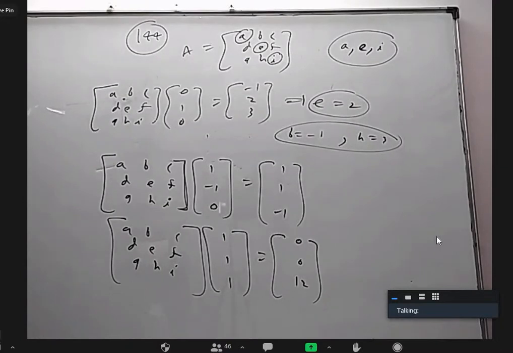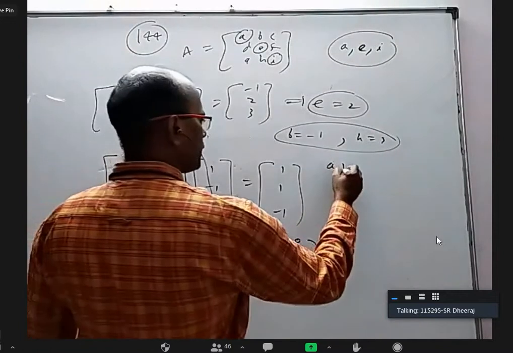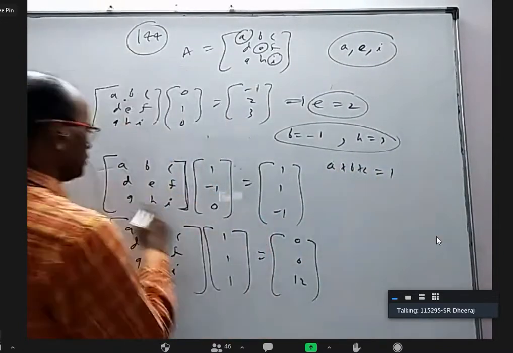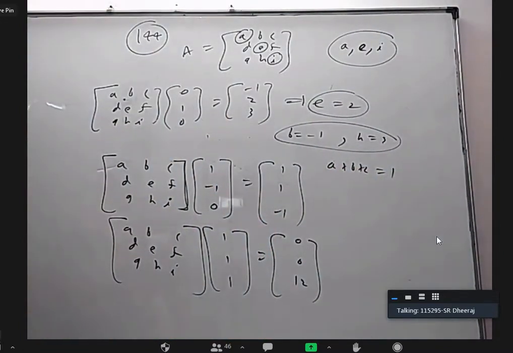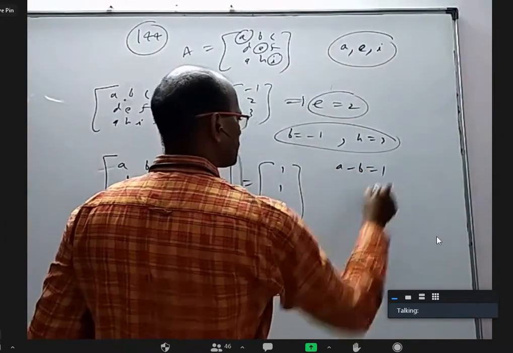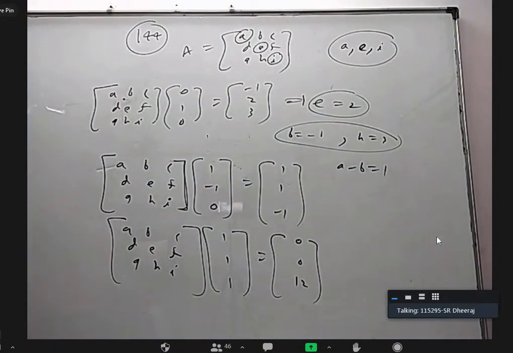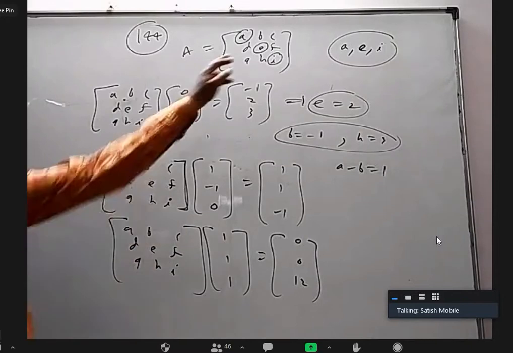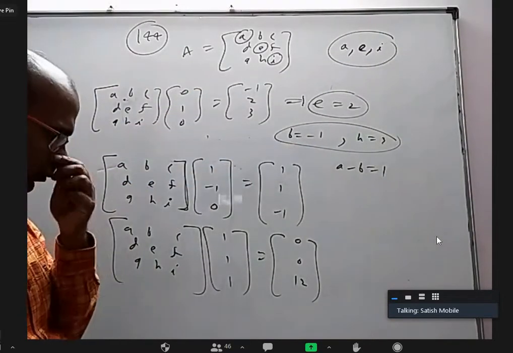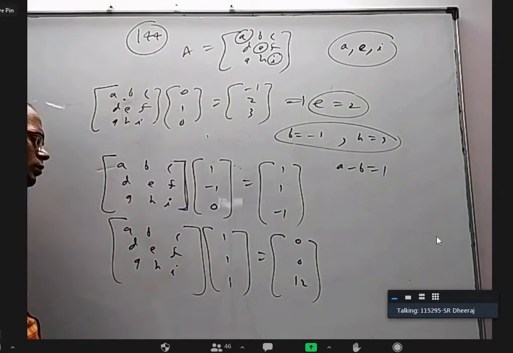So this into this will give me A minus B equal to 1. B we know, minus 1. So the B that we wrote here is required. A plus 1 is equal to 1. Then A is 0, sir.